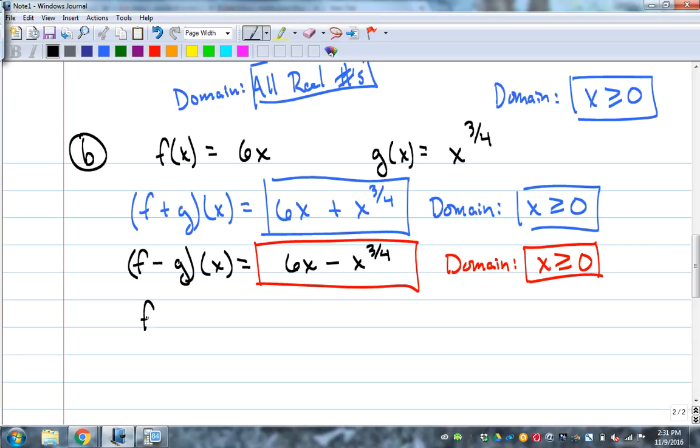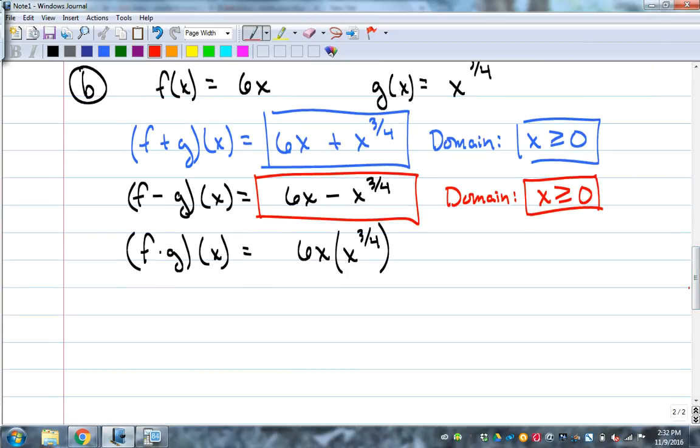Now let's look at the multiplication. F times G. Now, do you have to be like terms in order to multiply? No. You can multiply 6x times x to the 3/4. And this is where section 6.2 comes in, knowing your exponent rules. What's the rule when I multiply 6x times x to the 3/4?